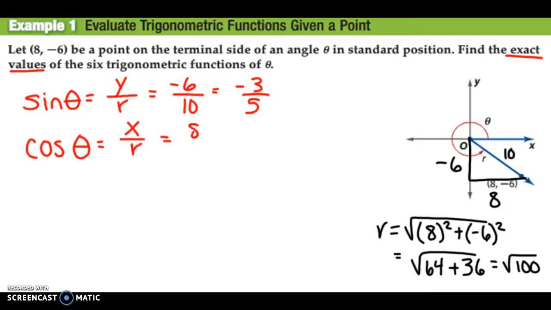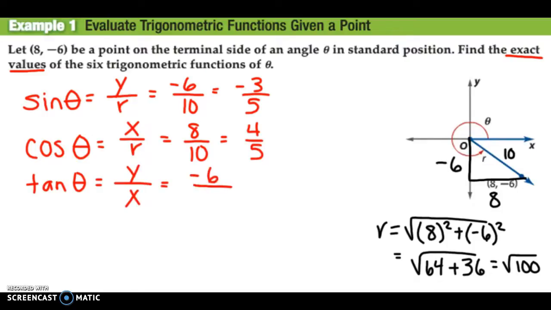X is 8 over 10, which reduces to positive 4/5. Then tangent of theta, which was y over x. Our y was negative 6, our x is 8, which reduces to negative 3/4.